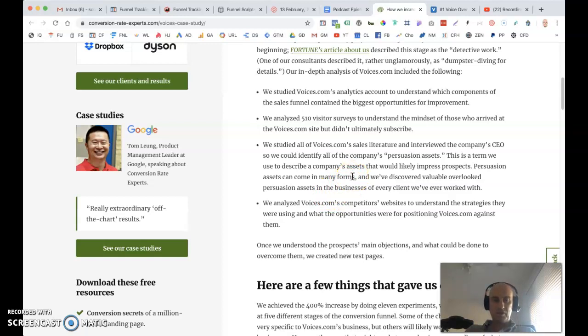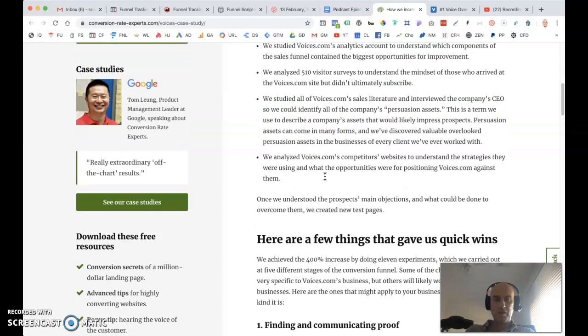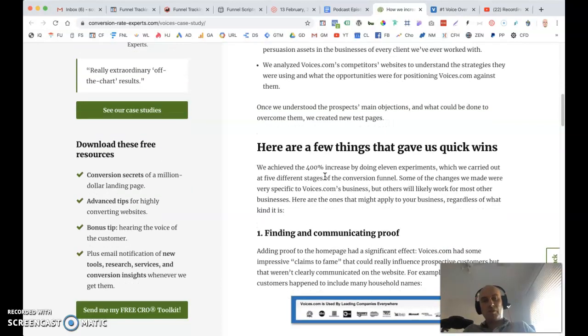They also analysed the client's competitors' websites to understand the strategies they were using, and based on that, what opportunities they could use for Voices.com against them. So they've summarised this by saying once we understood the prospect's main objections and what could be done to overcome them, we created new test pages.